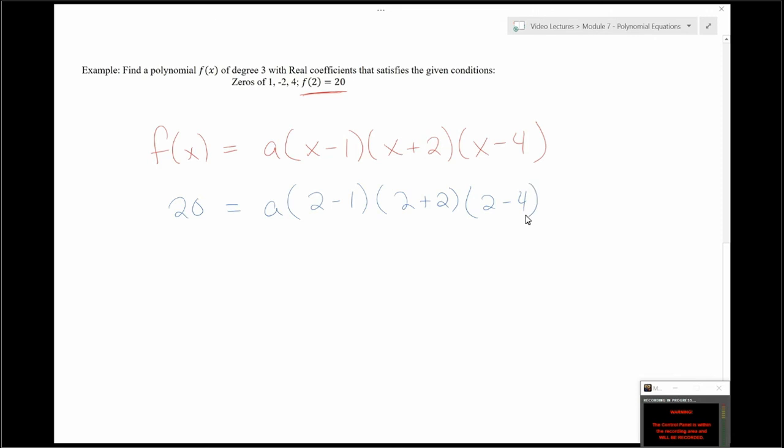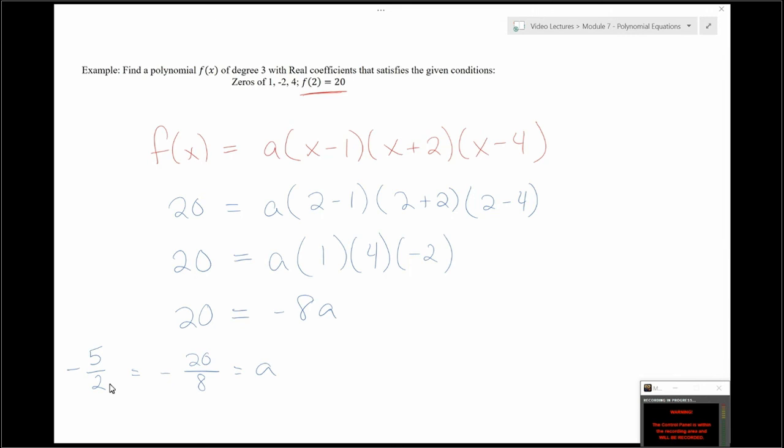And when we do that, we realize that we can solve for a now. So a is negative 20 over 8, which can reduce to negative 5 over 2.